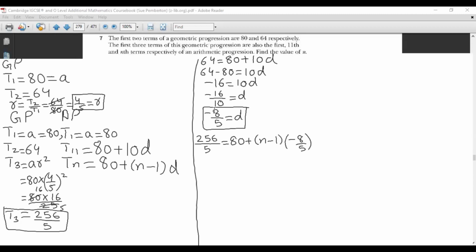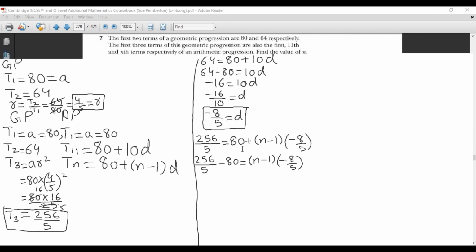So 256 over 5 minus 80 equals n minus 1 multiplied by minus 8 over 5.